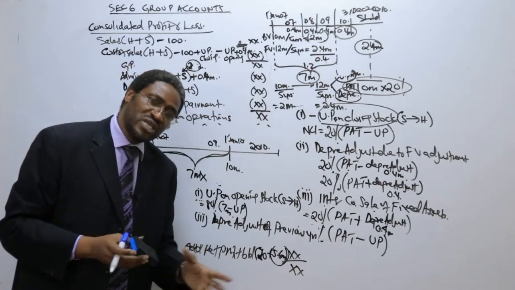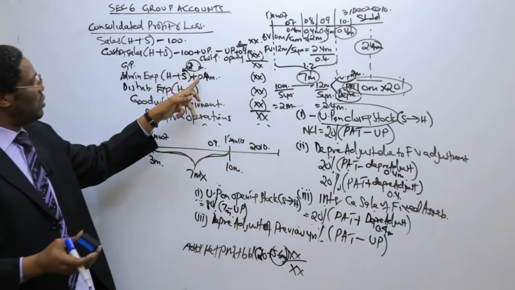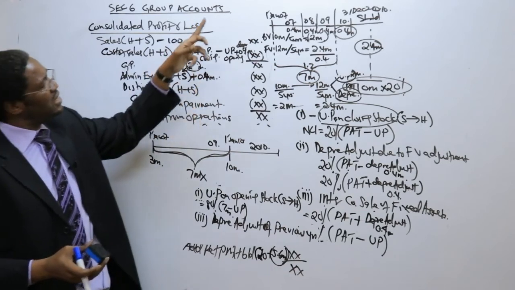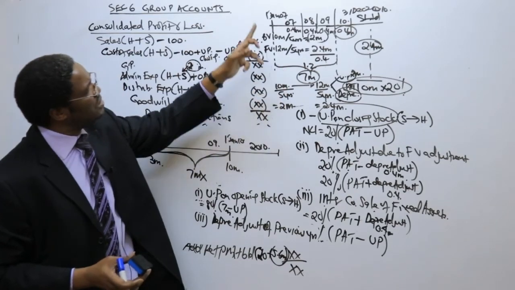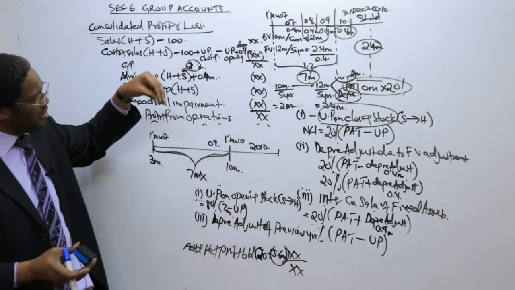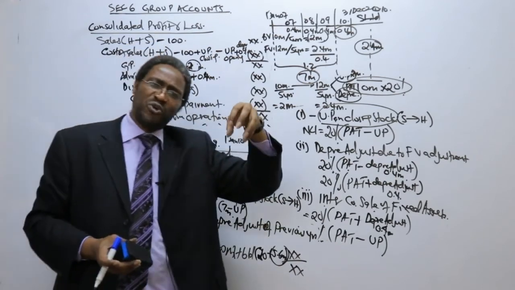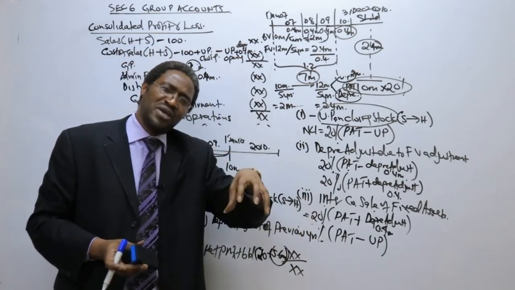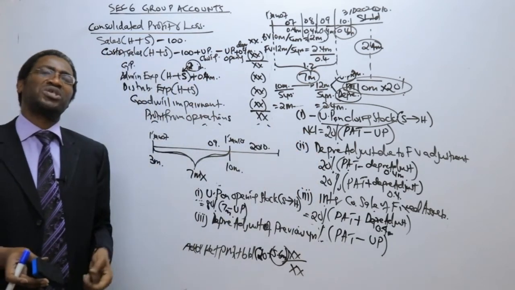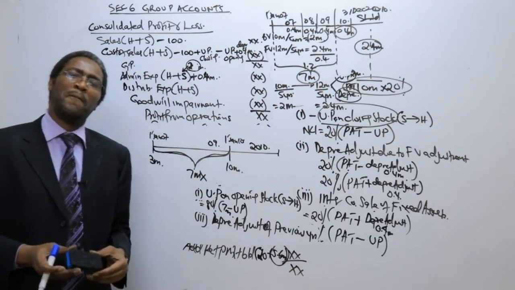When I went to the income statement, I added the 400 depreciation. But there's another undercharge of 2007, 2008, and 2009. And that 3-year period affects not the profit for the current year. That 3-year period affects the profit from last year backwards, which is that which we are calling post brought down.